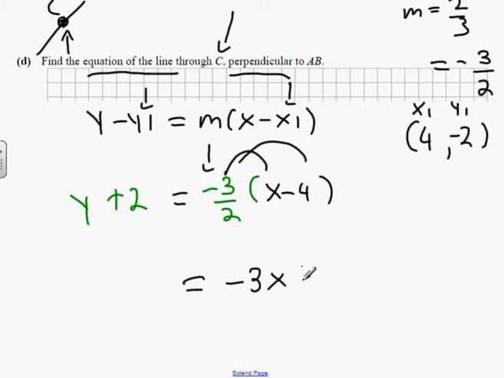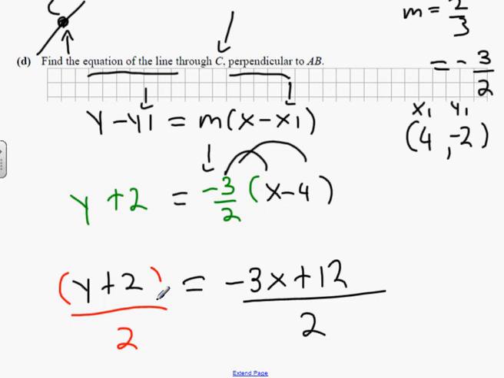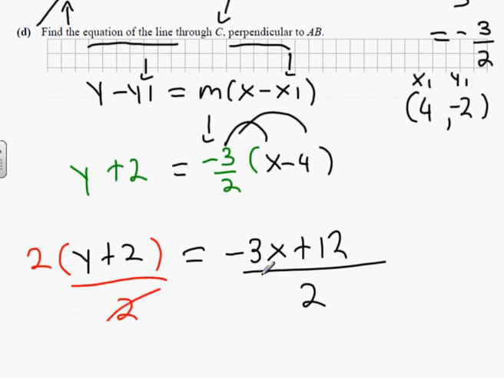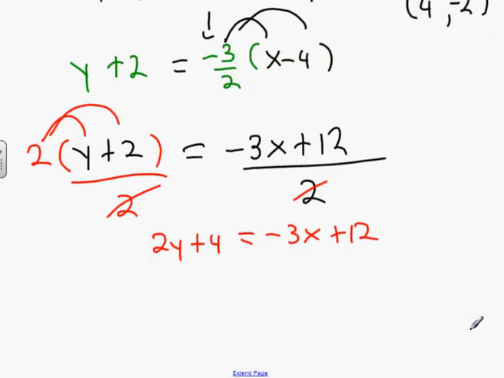Minus 3x plus 12 all over 2. What happens next then? 2 on the bottom, 2 on top. The 2's will cancel. Then what happens then? Equals? Plus 12.